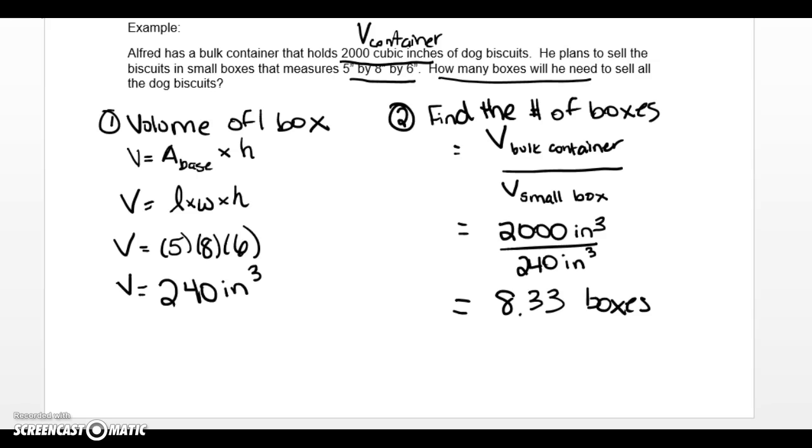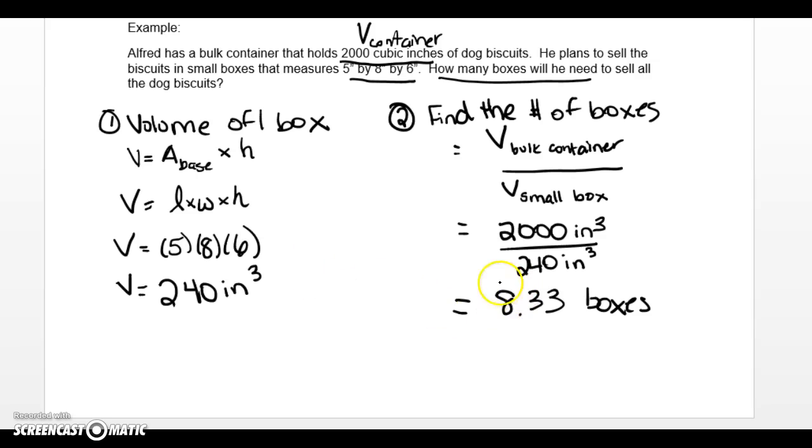One thing that's really important is that you're not going to just take a third of a box with you. So we have to ask ourselves, do we round up or do we round down in this case? Sometimes you might think, can I just use those normal rules of rounding? Well, when we're talking about quantities of people or objects, you can't just use those basic rules of rounding. So you really have to use your thinking skills and reread that question. Here they want to know how many boxes Alfred will need to sell all of those dog biscuits.